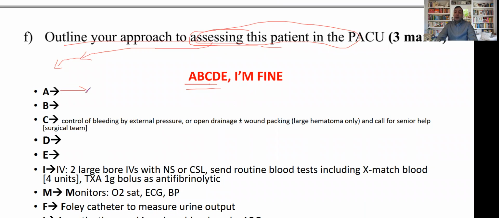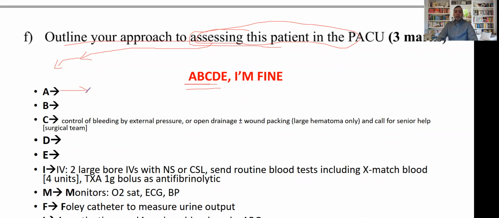If the airway is not secure, you have to mention that I would like to intervene by manual maneuvers of opening the airway, which are head tilt, chin lift, and jaw thrust. If this manual and simple maneuver doesn't help, I would like to step up to airway adjuncts, which are the oropharyngeal airway or nasopharyngeal airway.